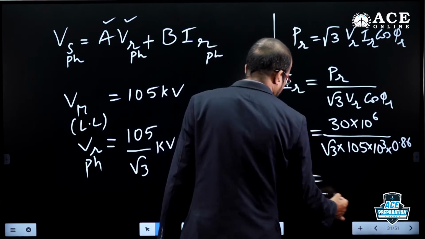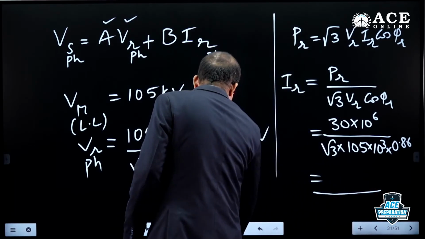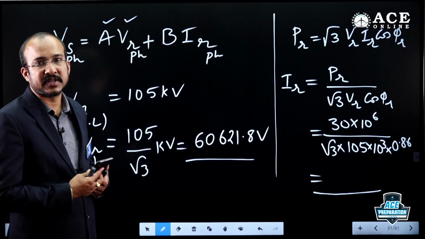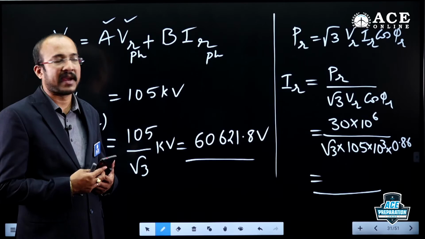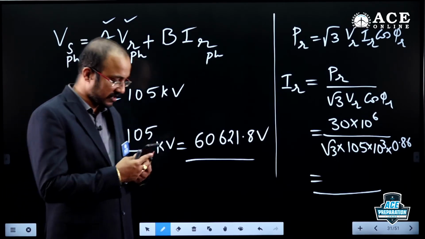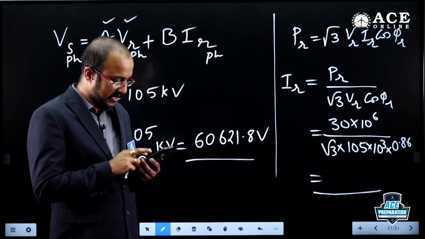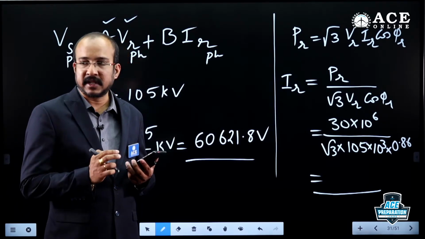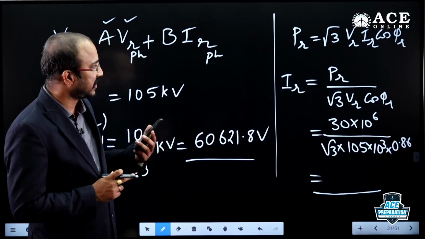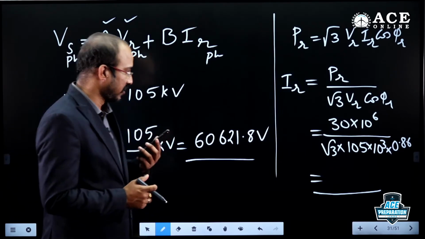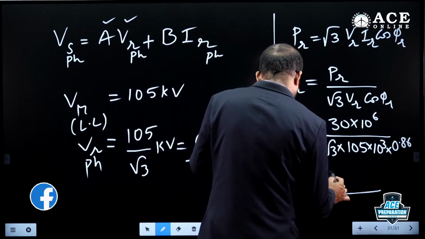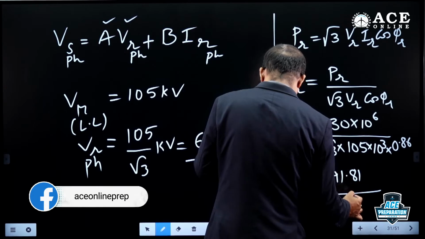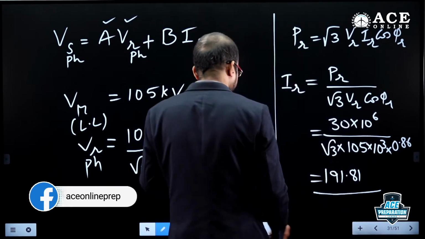If you simplify this, you will get the value of IR. Try to calculate IR and post the answer. What is the receiving end current that you get? I think you get 191.81 amperes.